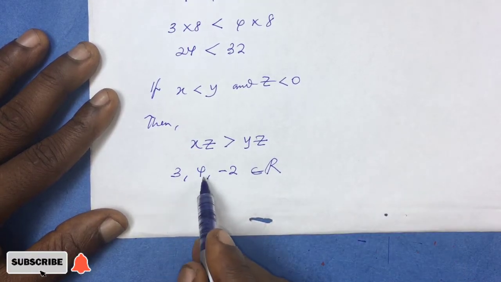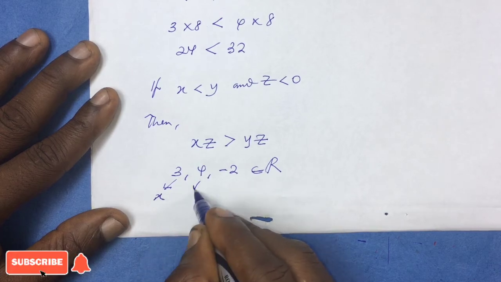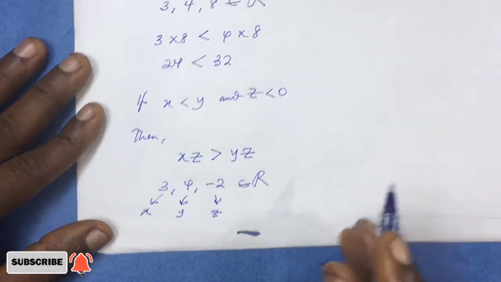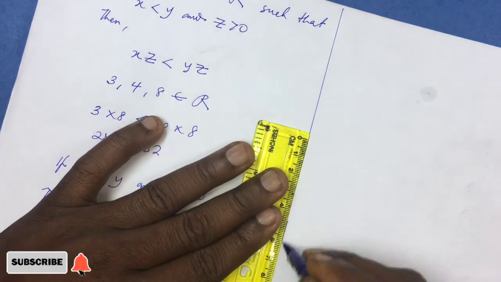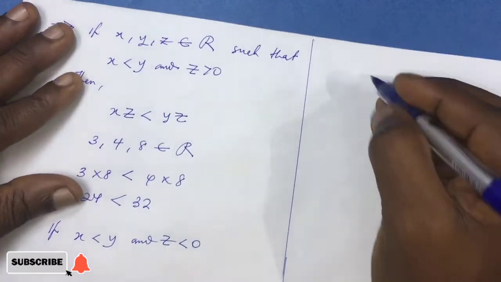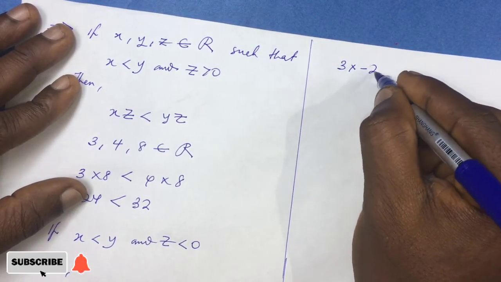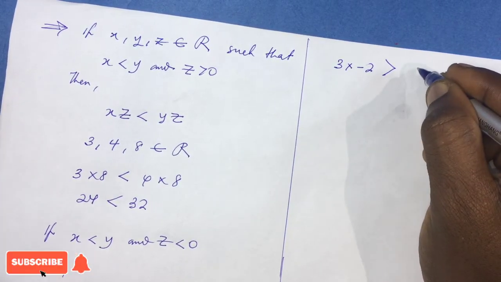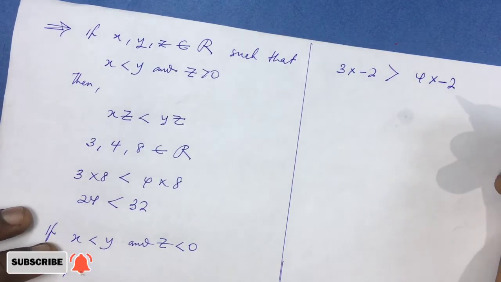So if we select 3, 4, and -2 such that 3 is your x, 4 is your y, and -2 is your z, then it means that 3 times your z, which is -2, will be greater than 4 times your z, which is -2.